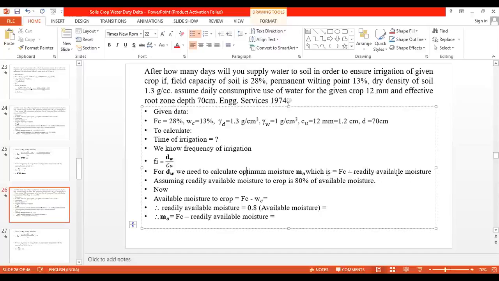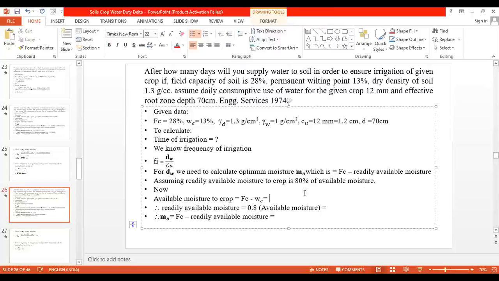And readily available, here also we are assuming that 80% of the available moisture, that is field capacity minus wilting coefficient, 80% of that we are assuming as readily available. Okay, that means up to where we have to maintain the optimum moisture content: field capacity minus readily available.